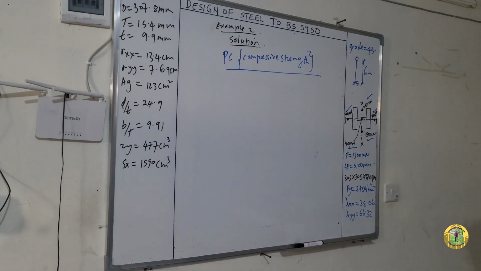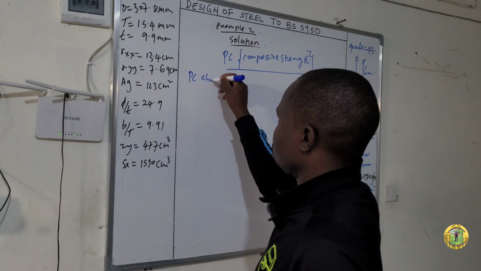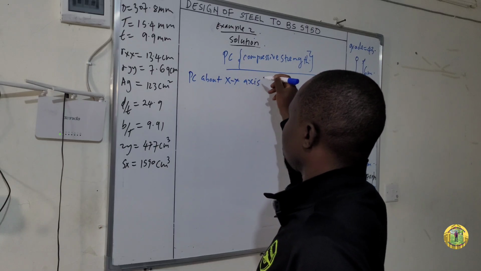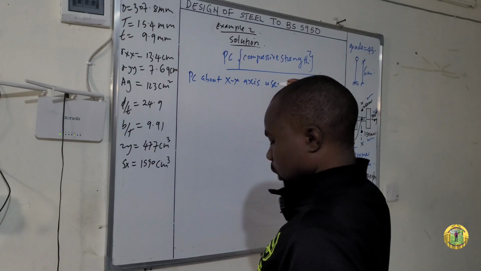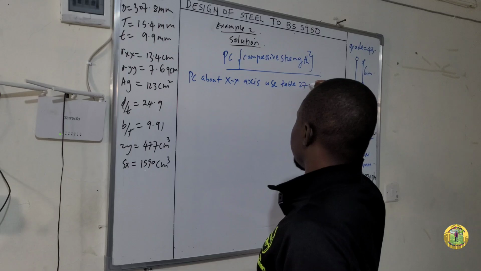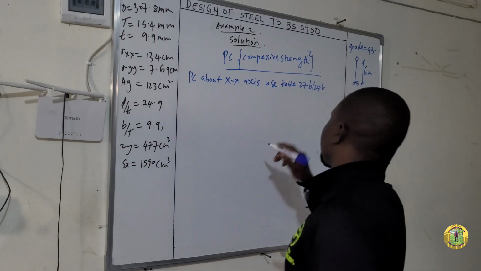So the compressive strength, we will start with PC about the XX axis. And for this one, we will use table 27B or 24B.